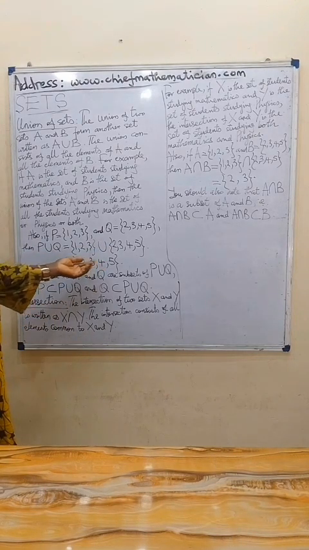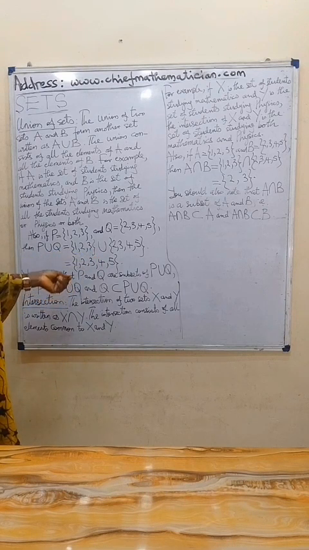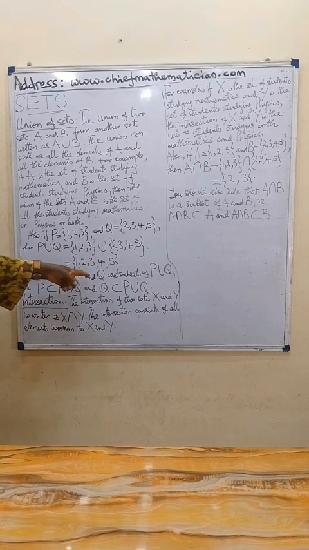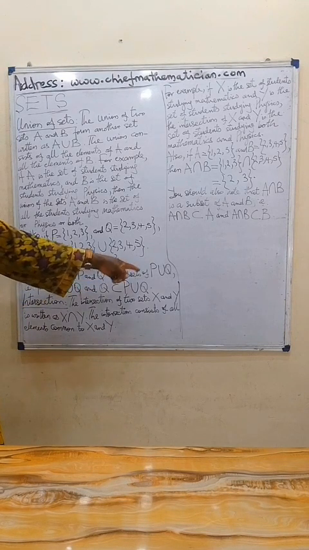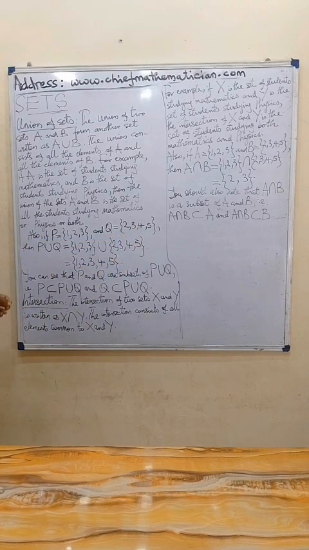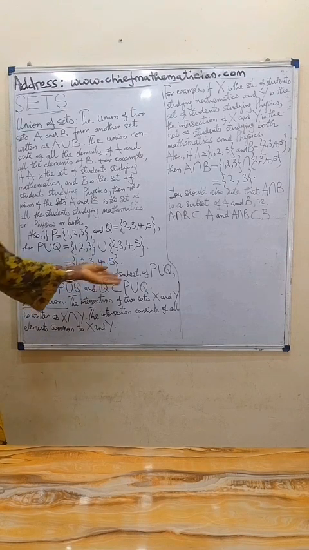You will observe that no digit is duplicated. You can see that P and Q are subsets of P union Q. That is, P is contained in P union Q and Q is contained in P union Q.